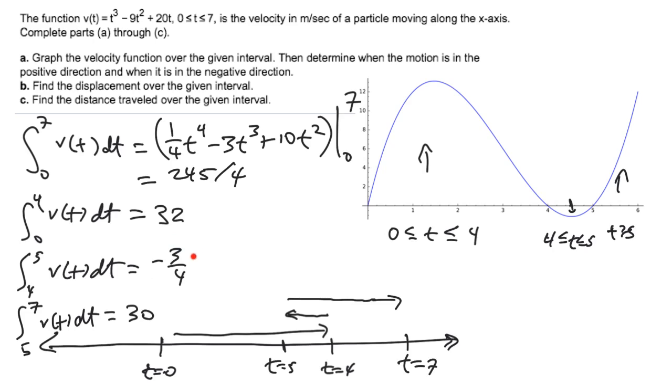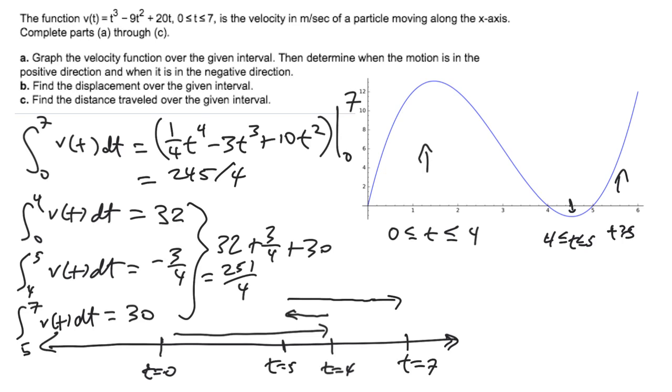You still traveled 3/4 of a meter, you just went a different direction. So the total distance traveled is just the sum of the absolute value of these things. Summing the absolute values gives me 32 plus 3/4 plus 30, which is 62 3/4, or 251 fourths.